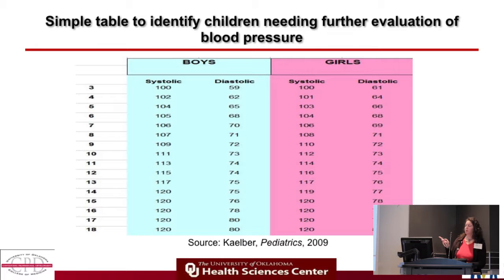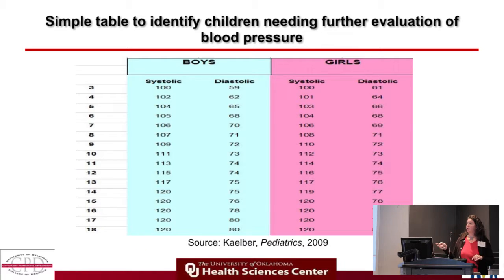This table was recommended by our cardiologist for our primary care providers in Oklahoma, so that they didn't have to go through those 5 pages to look at the blood pressure percentile. We have our primary care providers put this at the nurse's station when they're doing the triage. Basically, if the kid is 3 and the systolic, if it's a boy, is 100, then that tells them, go look at those charts and see what percentile it is.